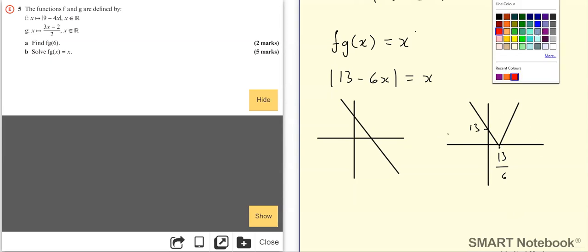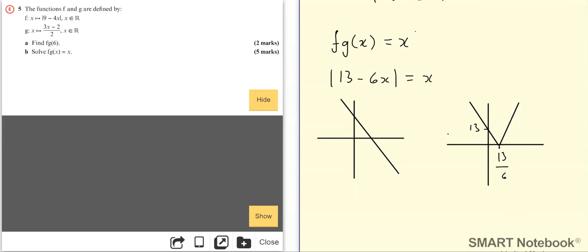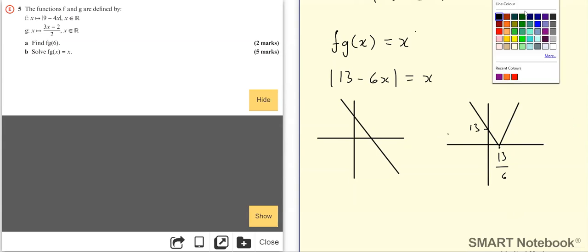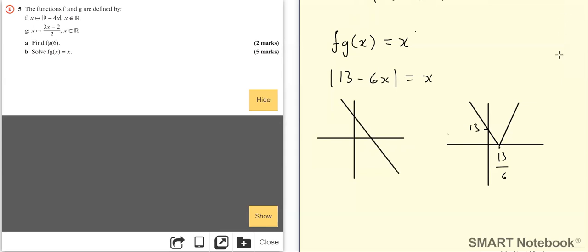Is it going to be steeper than these two lines or less steep? If I want to sketch y equals x on there, you should be thinking that is not going to be as steep, it's going to be much more shallow because the gradient here is 6 essentially, the size of the number is 6. So this was 13 minus 6x, this is 6x minus 13, and this is y equals x.